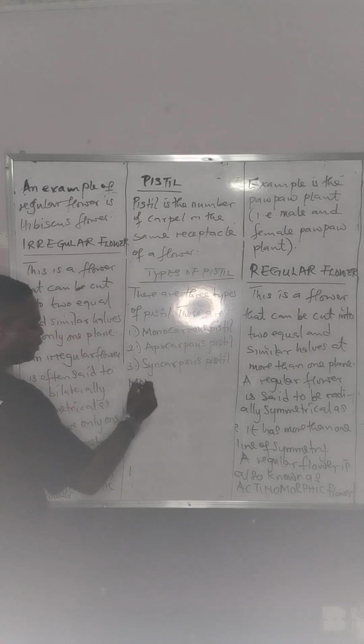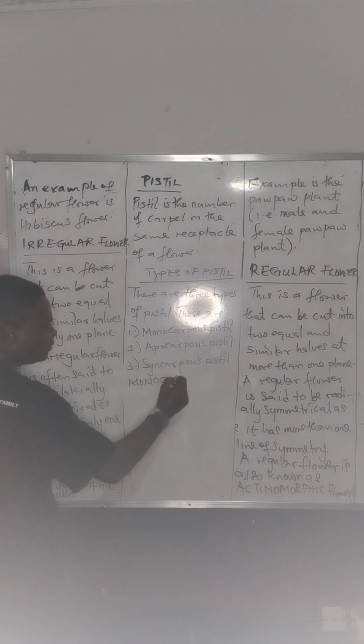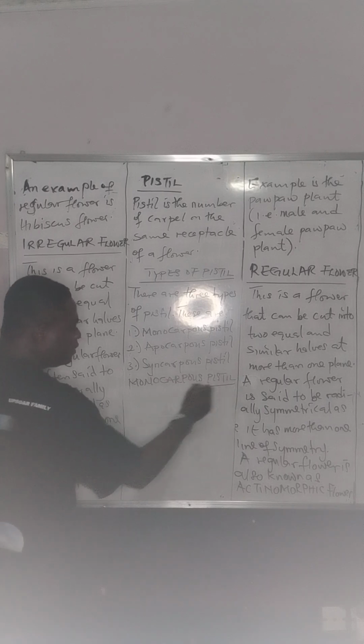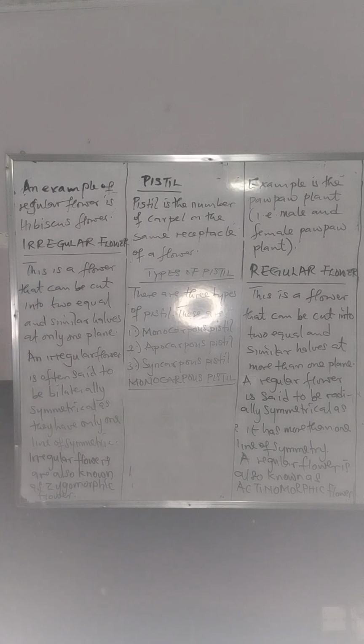Let's talk about monocarpous pistil. Mono always means 1. When we're talking about monocarpous pistil, we are talking about a type of pistil in which only 1 carpel is located on 1 receptacle.